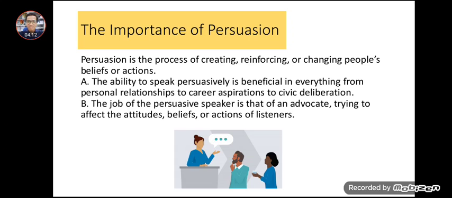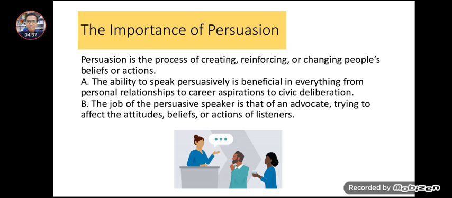And then talking about career aspirations, persuasive speech is so important because when you are having a job later, after you finish your study, if you can persuade others to follow you, or at least have a debate with you about something, it means that you are instigating positive beliefs or actions.